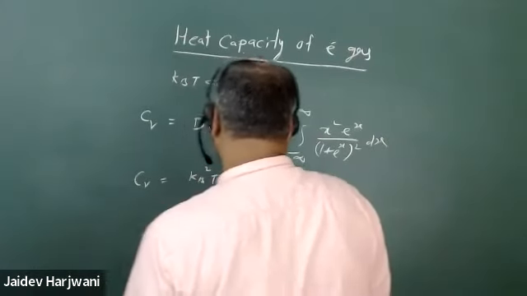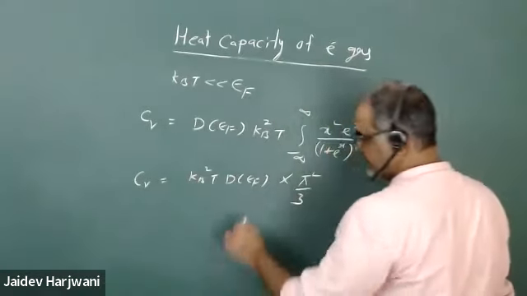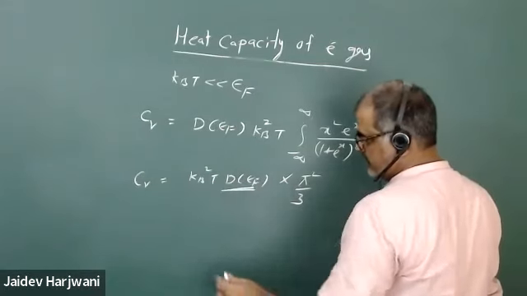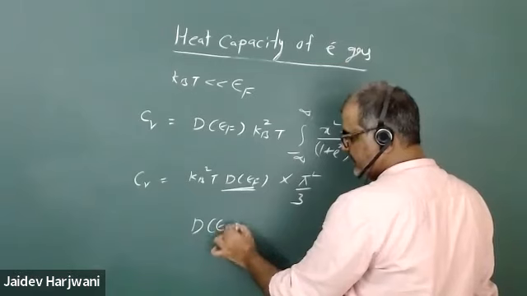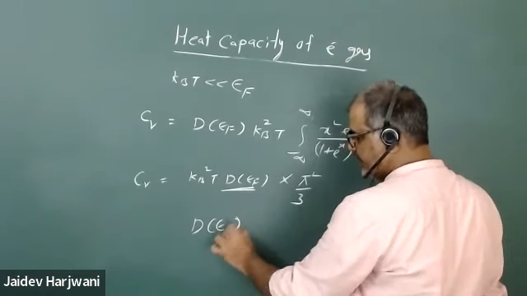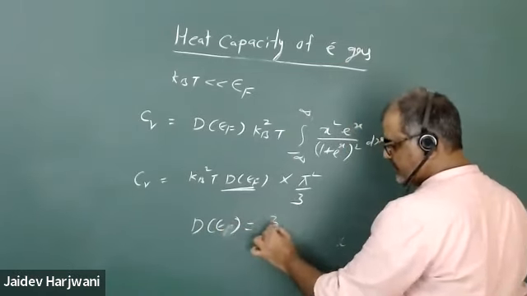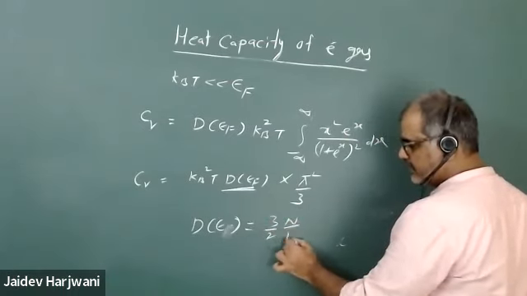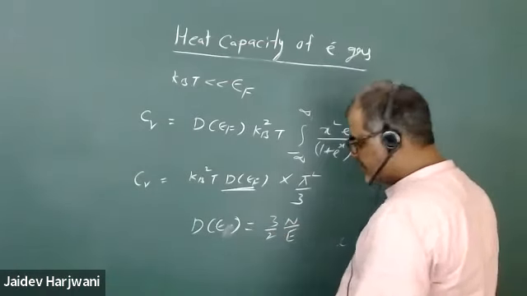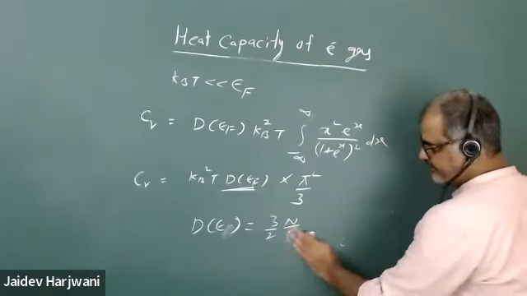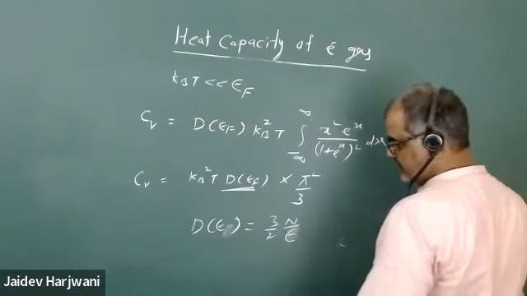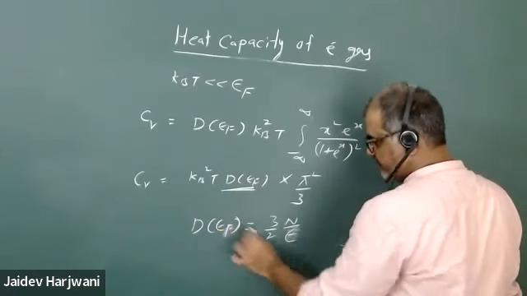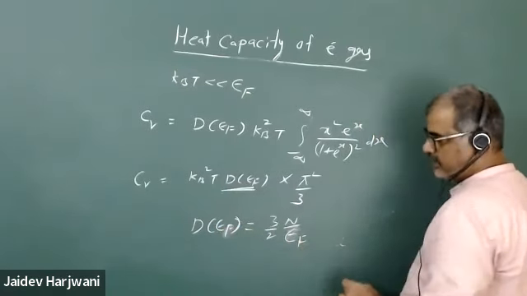Now I can still solve this one. Yesterday we saw that I have written dN/dE in terms of the number of particles, so this was 3 by 2 n by EF. Yesterday I wrote the density of states in terms of energy, and here is the Fermi energy, so you can put EF here.